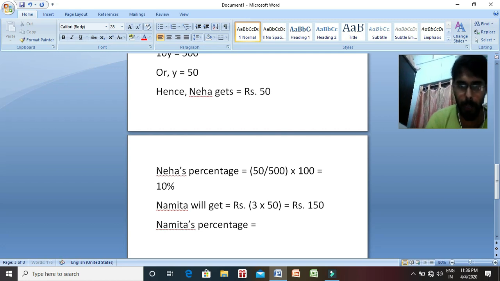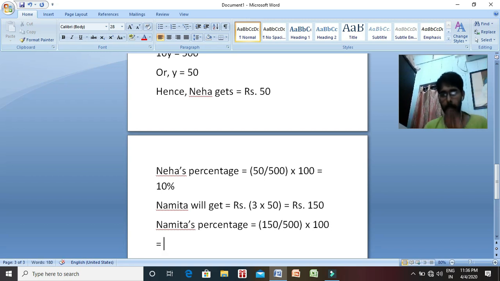Namita's percentage shall be equal to 150 upon 500, we will put in a bracket, and we will multiply this with 100. So 150 by 500 into 100, so it should be 30%, right? 150, yes, 30%. So 30% is the next one.